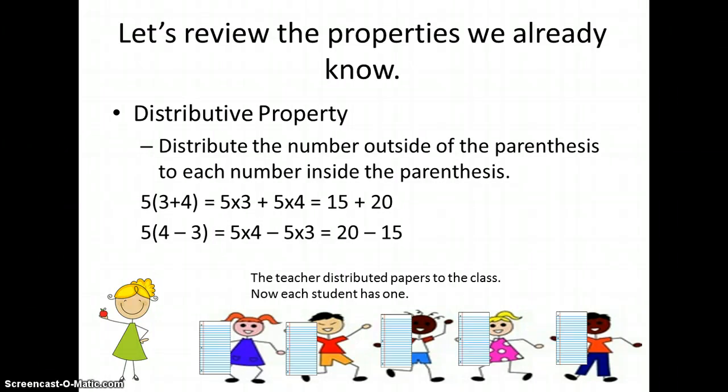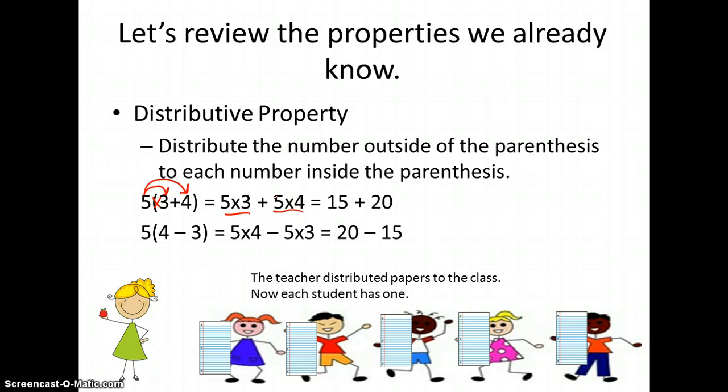I have in the first problem 5 times the quantity 3 plus 4. Remember, if I have a number outside the parentheses without a symbol, that tells us that we need to multiply. So I'm going to distribute this 5 to each number inside the parentheses. And I would do 5 times 3 plus 5 times 4, which gives me 15 plus 20, or 35.